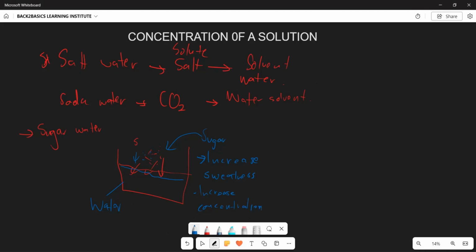Let me give you another example. Let's say you are given this particular jar, and it is 4 liters, and you have your orange juice.